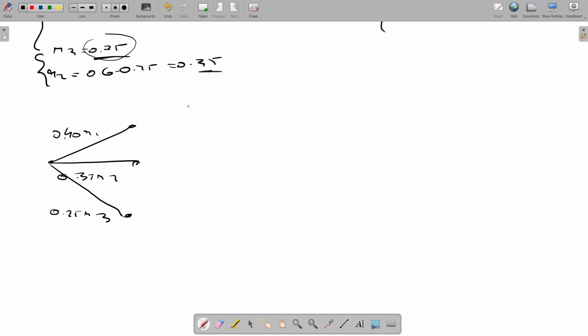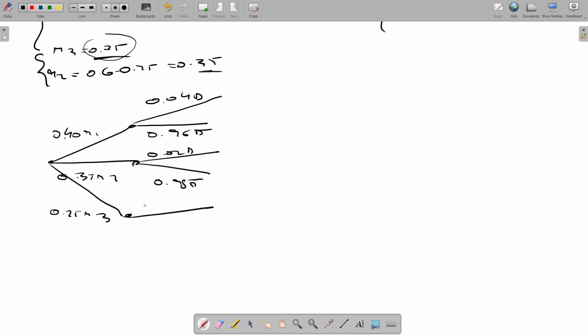And the second one, we know that the part one comes from defects is 0.04 defects. This next one is 0.96, no defects. This next one is 0.02 defects, so 0.98, no defects. And this one is 0.01 defects, so 0.99, no defects, okay?